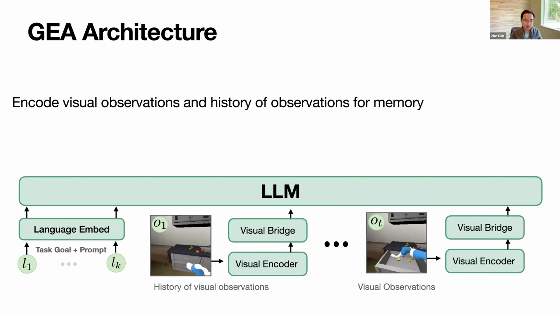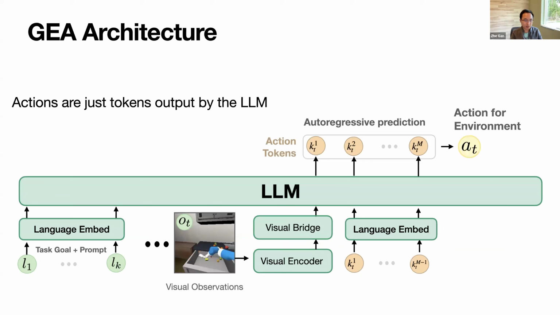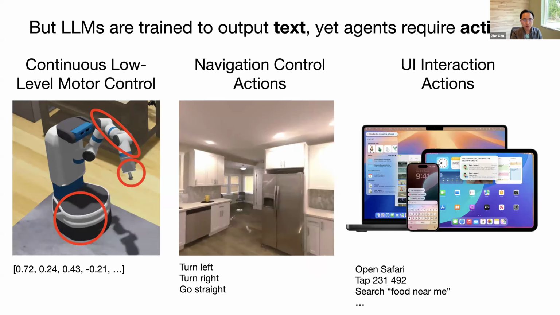And actually you have many visual observations, including your history of visual observations. Then you have an output. You also do autoregressive prediction, but this time it's not a text prediction, you want to take action, right? So your output is the action space.